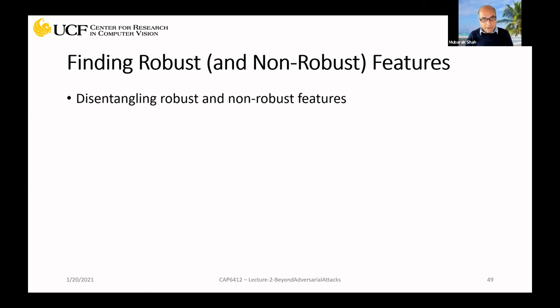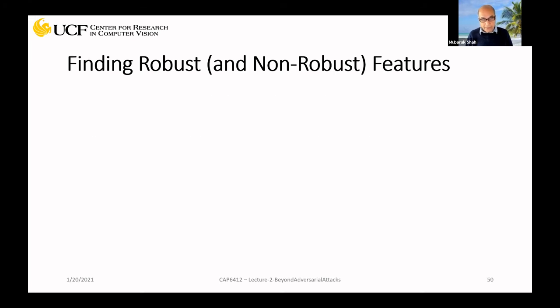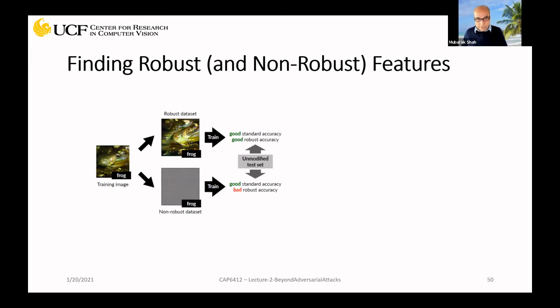This paper is pretty detailed, so I'm going to just talk about two subsections. We want to disentangle robust and non-robust features, and we will show that these non-robust features are sufficient for standard classification. So what we are going to do here is that we have an image of a frog, a training image.